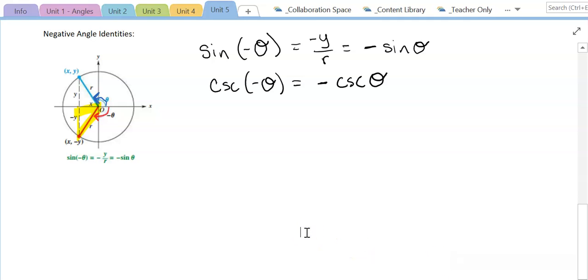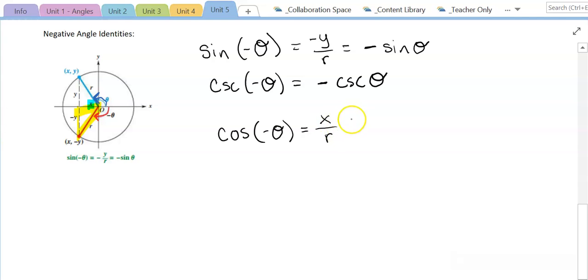The next piece I want you to think about is cosine. Remember, cosine deals with your x's. If we are on the unit circle and we are looking at our ratio again, the ratio for cosine would be x over r. Even when we have a negative angle measure, notice that it's still just an x, so it'd still be x over r.